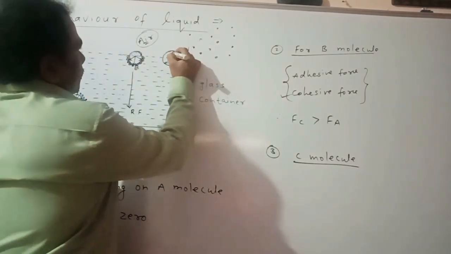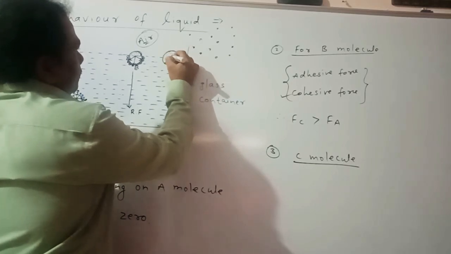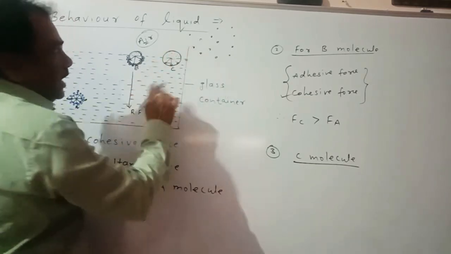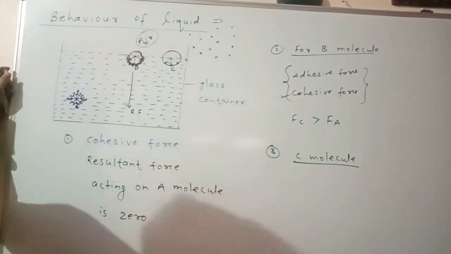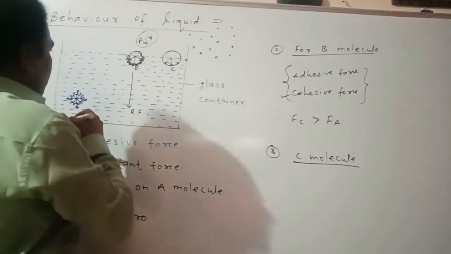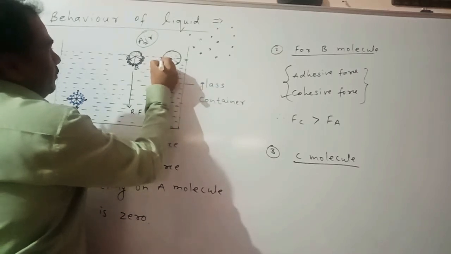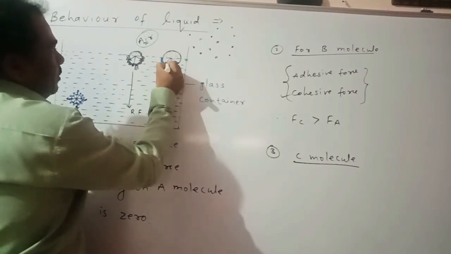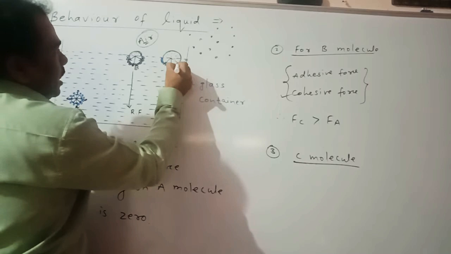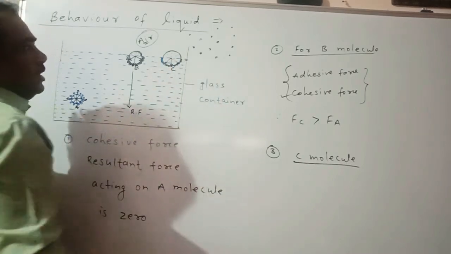We know air molecules are separated from each other, always away from each other, and the water molecules are very close to each other. So obviously we conclude that the number of water molecules is maximum.